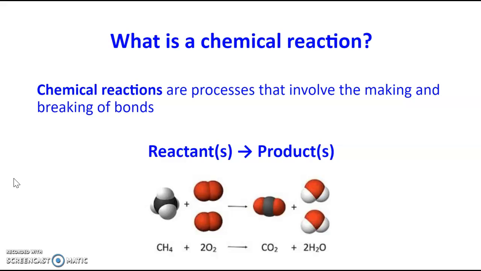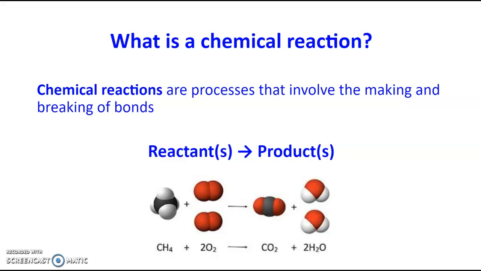Okay. So a chemical reaction is a process in which bonds are broken and remade to create different substances than what we started with. So we have one or more reactants, and then we end up with one or more products.